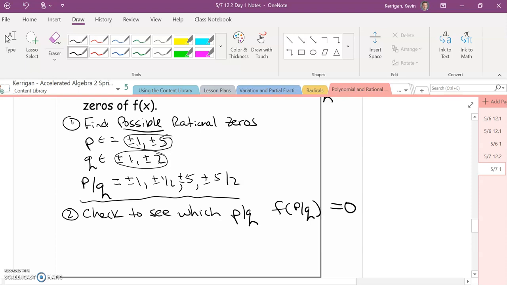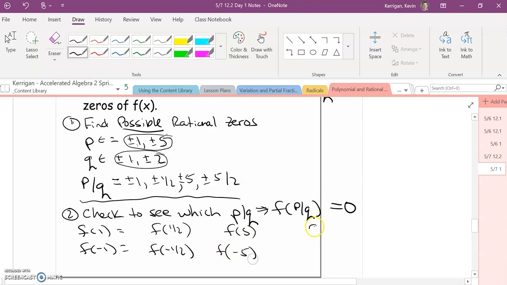Because by definition, it's a zero of a function if, when I plug it into the function and simplify it out, I'm going to get an answer of 0. So what I will be doing now is finding f of 1, f of negative 1, f of 1/2, f of negative 1/2, f of 5, f of negative 5, f of 5/2, and f of negative 5/2.